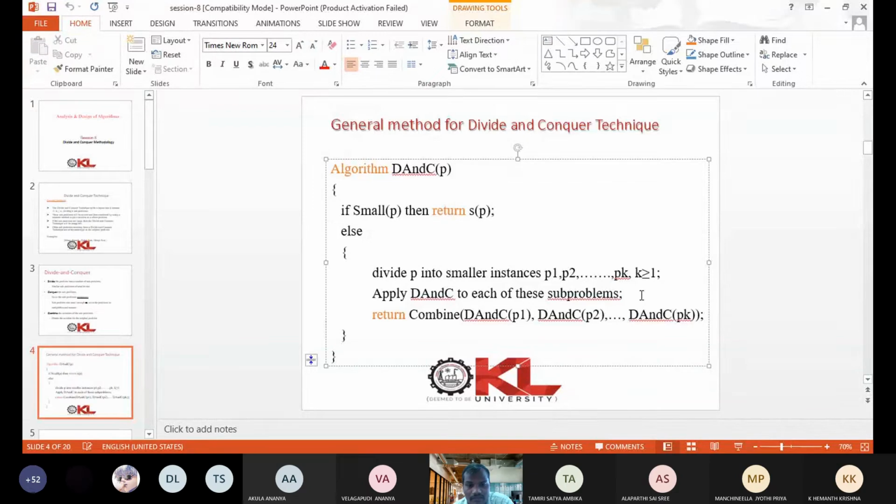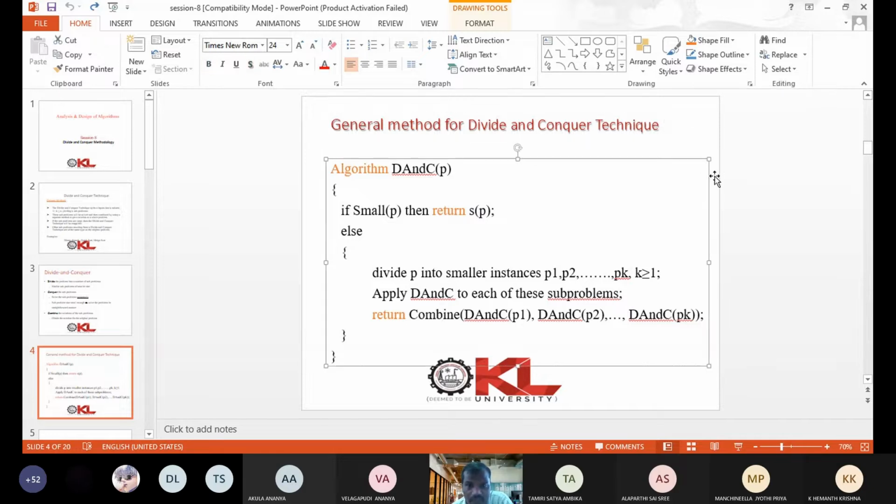Finally, return the solution by combining the solutions of the subproblems. Divide, conquer, and combine. This is how the flow of the divide and conquer technique can be explained.